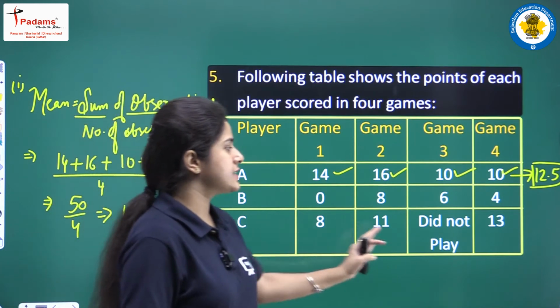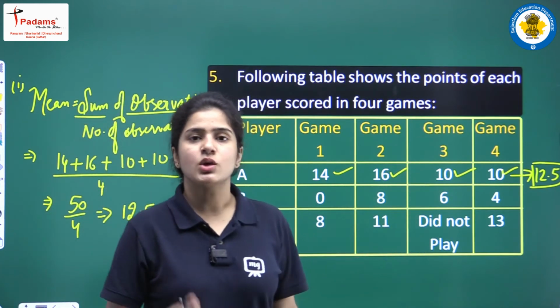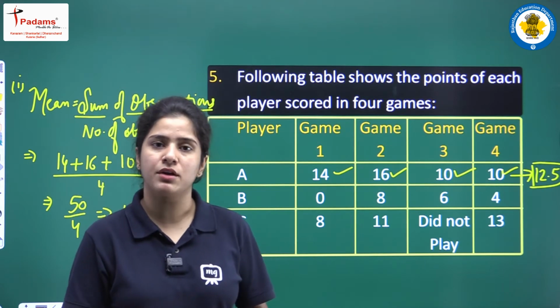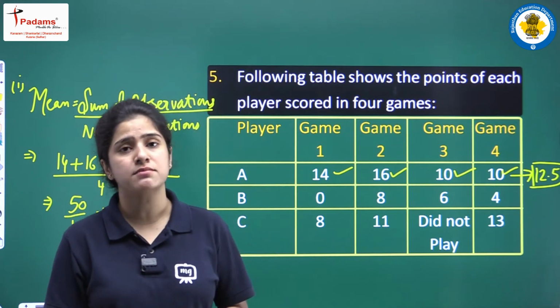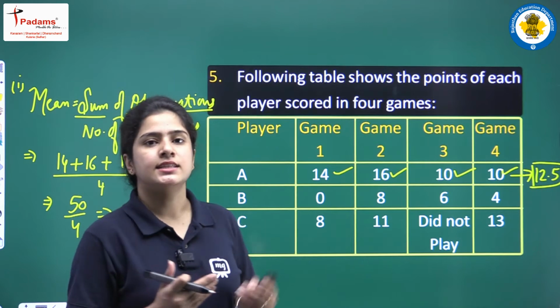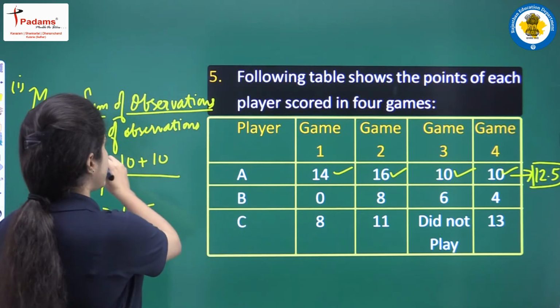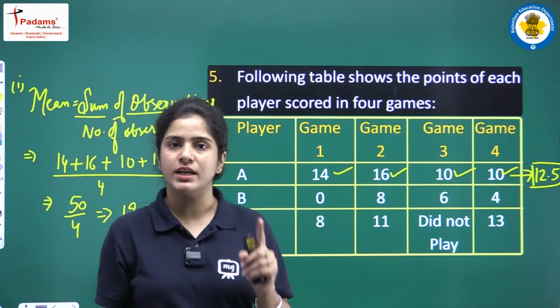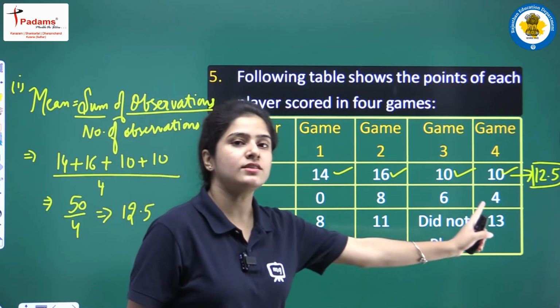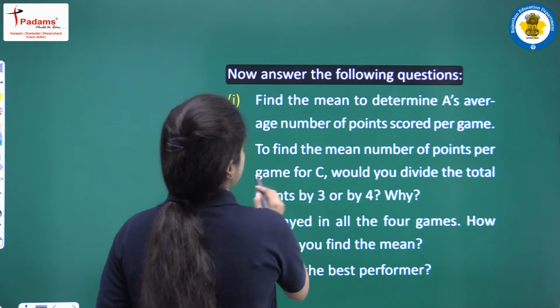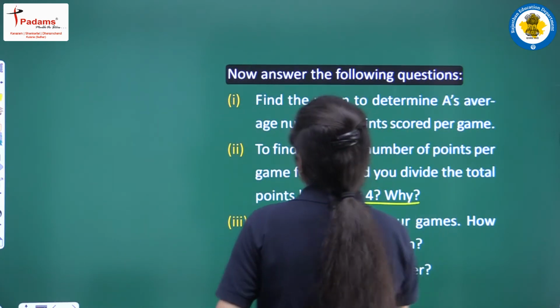Player C is not playing in the third game. So if he is not playing in the third game, how can we calculate the total number of observations based upon 4 games? So we'll divide by 3 as the number of observations will be 3. 1, 2 and 3. Okay students? So in this part we'll say that we'll divide by 3.